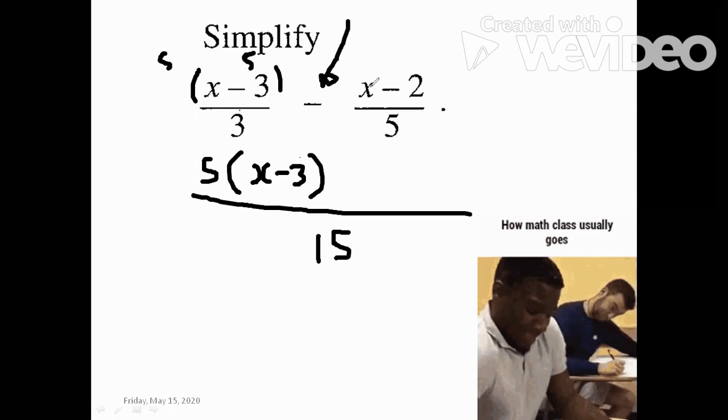Alright, so 5 into 15 goes 3, so it's 3 times everything here. What we're going to do next is use the distributive property to simplify the numerator.